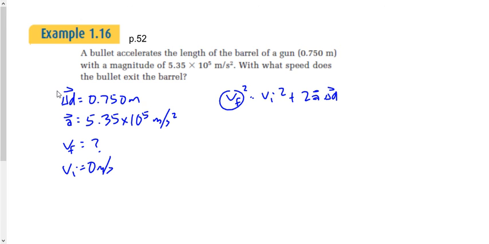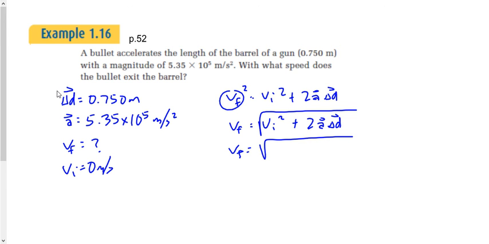Becomes VF is equal to square root of VI squared plus 2AD. So we're going to say VF is equal to the square root of what? VI is 0 plus 2 times 5.35 times 10 to the 5 times 0.750.